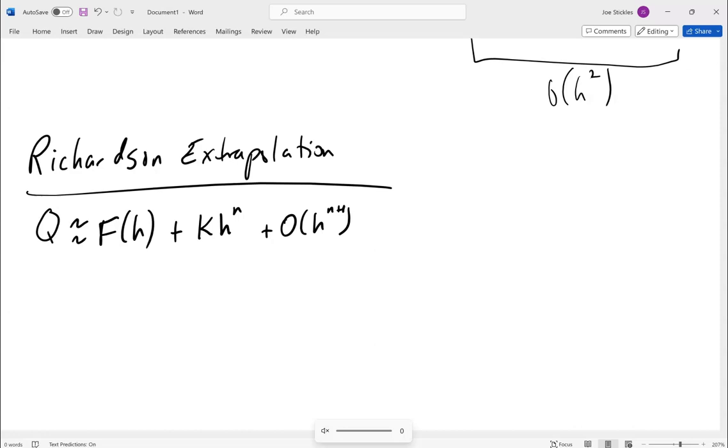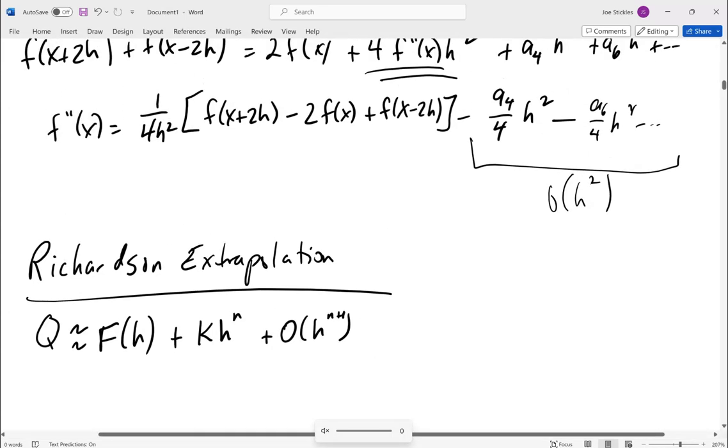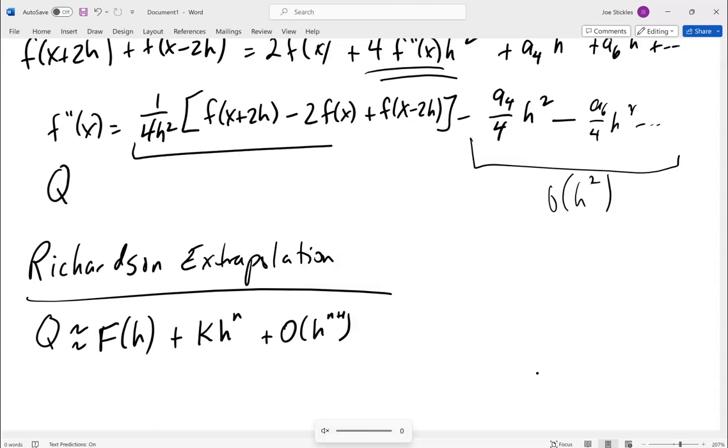Okay. So again, just to go through the different pieces, I know I just switched to a whole bunch of letters on you. Let me scroll down this way. Get this on the same page. Looking at what we just came up with, the second derivative here would be your Q. This part right here would be your f of h.